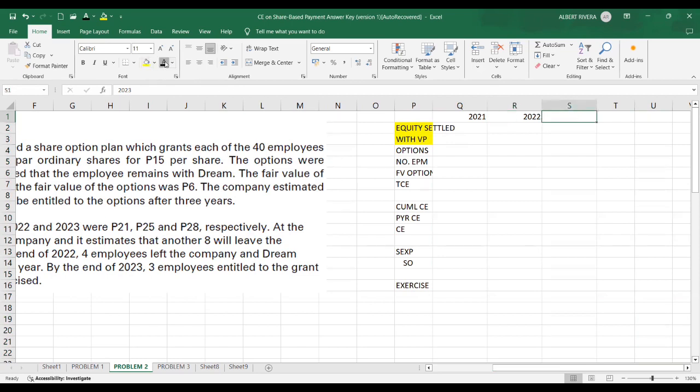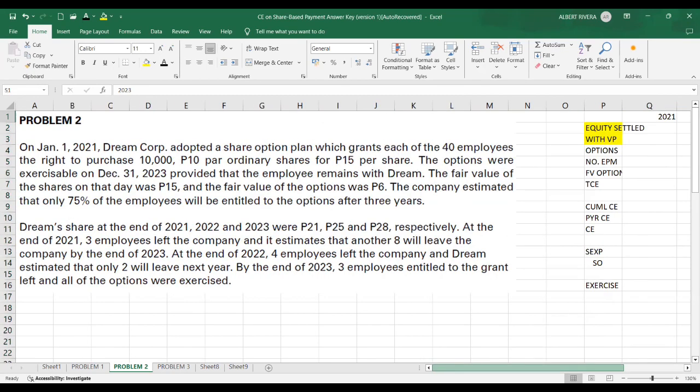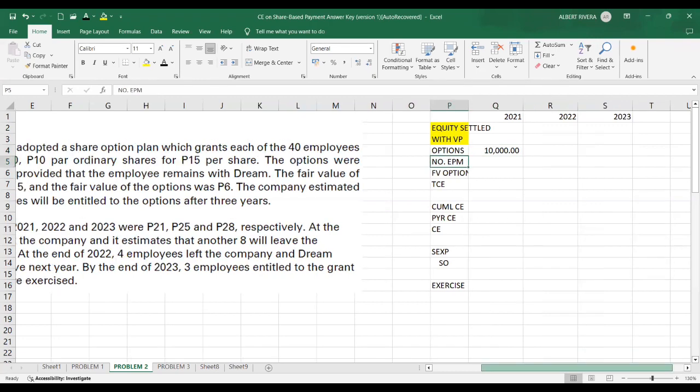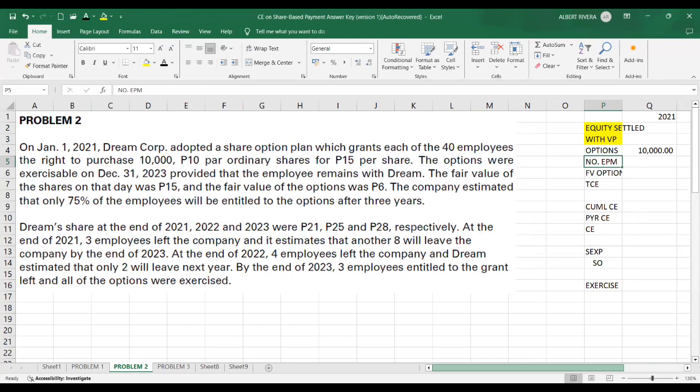Okay? And how many options will the company provide for employees who are still with the company at the end of the 3rd year? 10,000 options. Okay? So let's go first. Compute for the compensation expense for 2021. The actual number of employees entitled: the entity has 40 employees. However, at the end of 2021, 3 left the company.